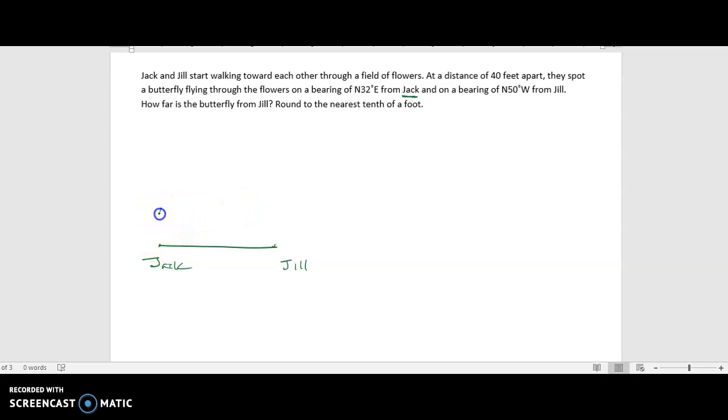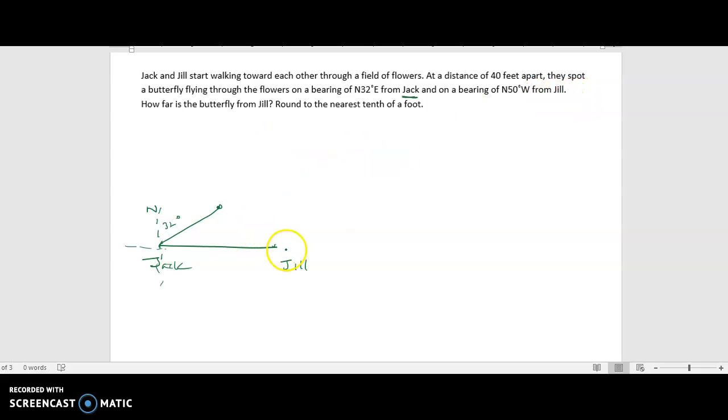So let's draw a dotted line just so we don't get confused with so many lines. This is the north for him, and he's spotted a butterfly somewhere here. So this angle is 32 degrees toward the east direction.